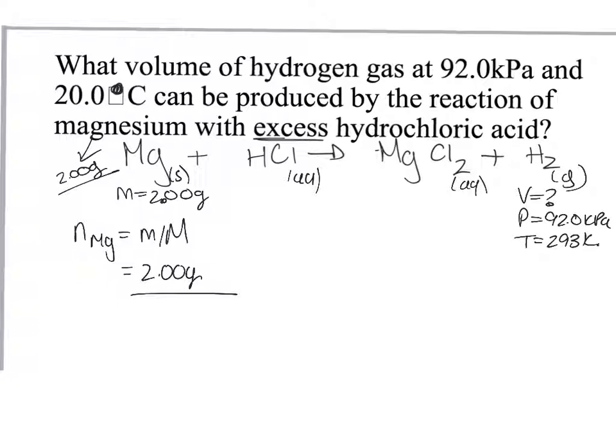Let's make sure it's balanced first. I got too far ahead of myself. So there's a 2 here, so I'm going to put a 2 in front of here. That makes 2 hydrogens. Now it should be good. And magnesium is 24.31 grams per mole.